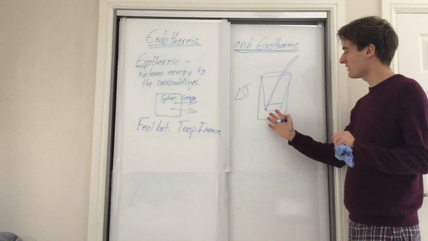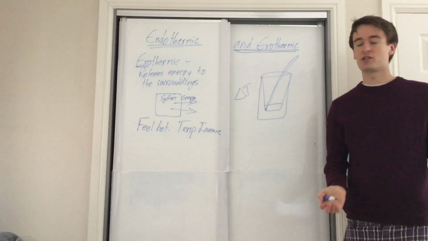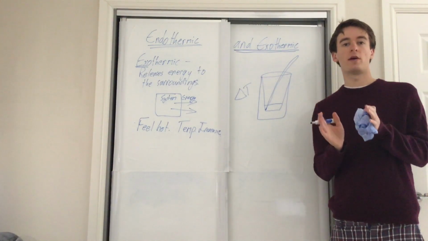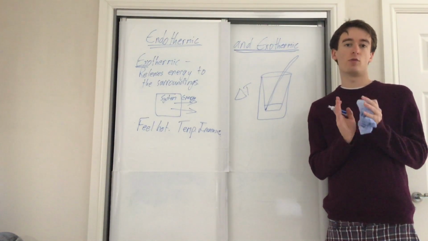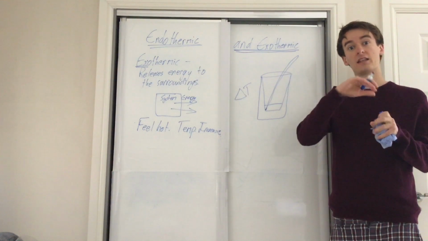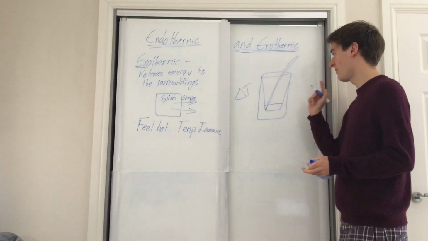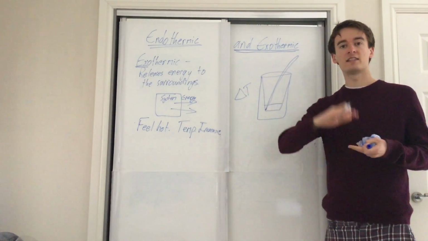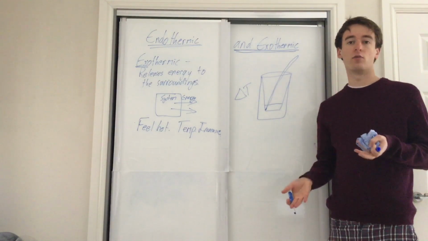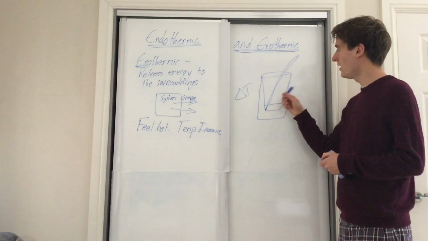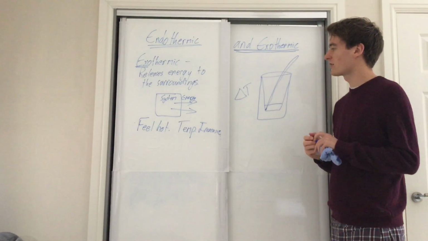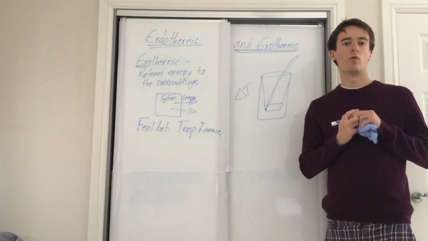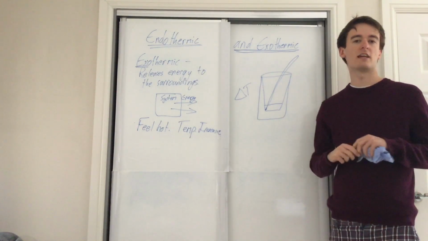And this is the setup we'd have. We'd allow the reaction to proceed. We would make sure we measured that initial temperature. So what was the temperature before we added the other reactant? Add the other reactant and then see how high the temperature gets or not. And then we could classify the reaction as exo or endothermic. So that's the kind of setup we would use.